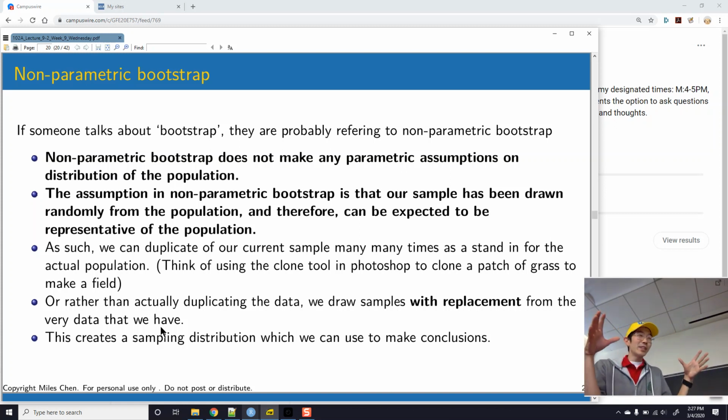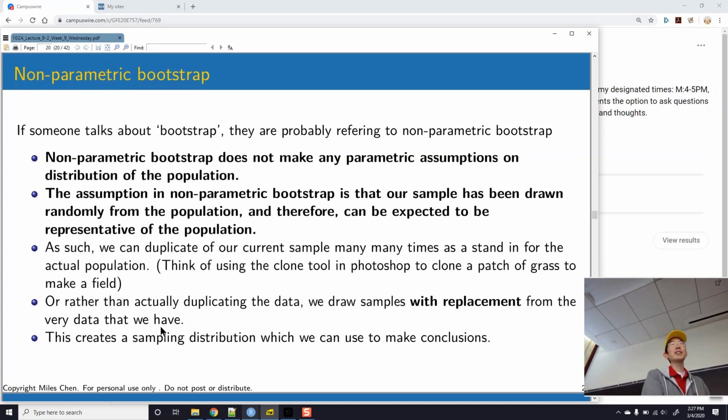Okay, so the idea here is, because this sample I have is representative of the population, I can clone it. I can copy and paste it a whole bunch of times, and now I have a big group, and I'm going to call this my population.